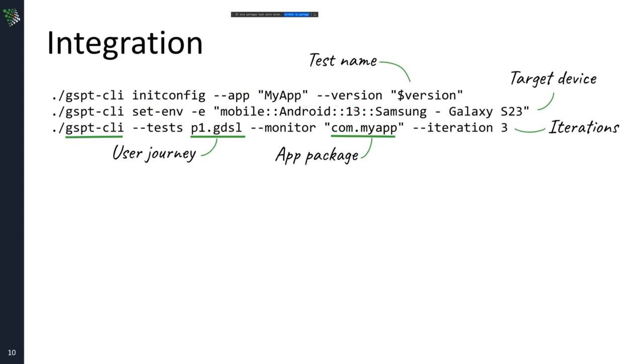And then you can start the test by specifying which user journey to test, so which GDSL file to test, which application to monitor, and the number of iterations. Regarding the application, if you want to monitor any app, you will use the name of the app. If you want to monitor a website, you will use the name of the browser of the smartphone.